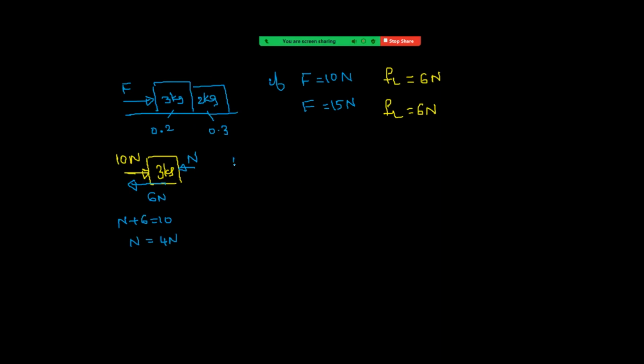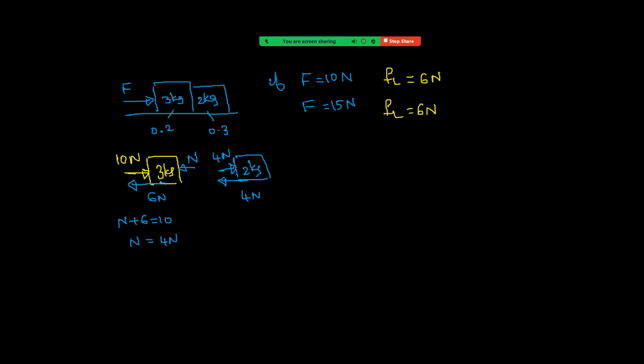Now coming to the 2 kg block. The 2 kg block applies a force of 4 Newton on the 3 kg block, then by the 3 kg block on the 2 kg block it is the same 4 Newton. But we know the net force is 0. Here the limiting value is 6, but this is only 4. Friction is self-adjusting. Therefore, the friction is now 4 Newton.